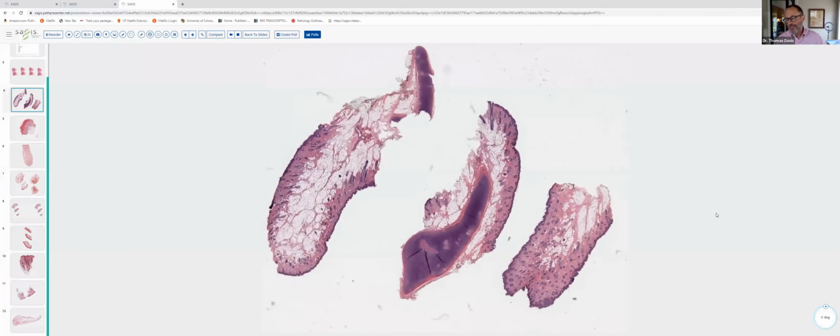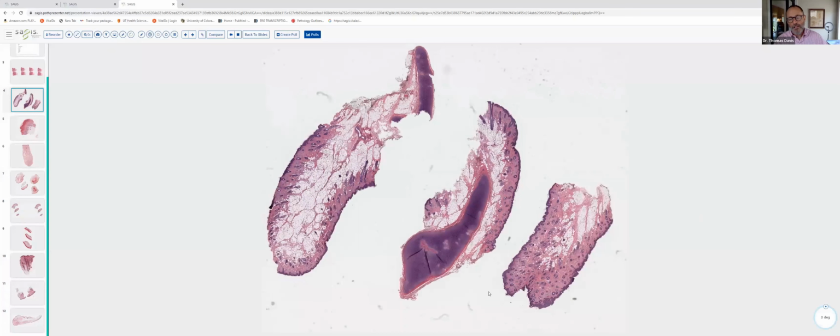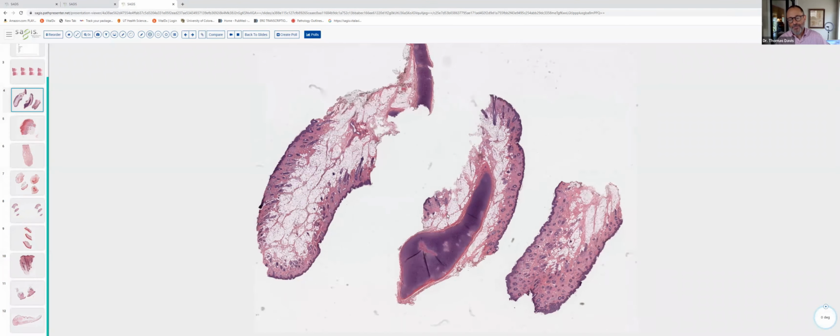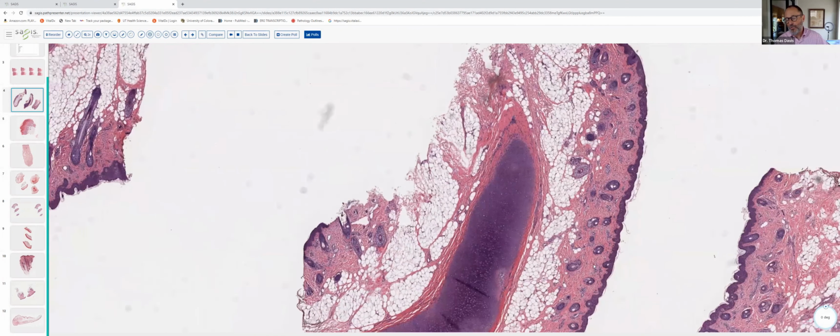Hopefully the second slide was a little bit easier. This was a biopsy specimen from the ear. One can see the configuration of the lesion resembles that of the helix. We have a large fragment of cartilage there. And then we've got quite a bit of fibrofatty tissue within the specimen in the central core.